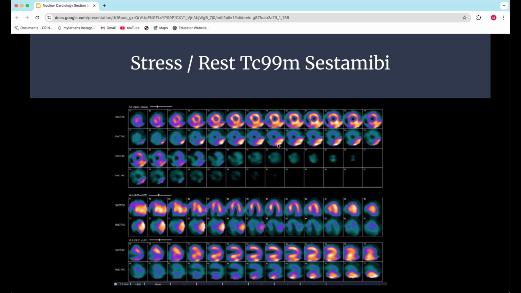This is your gut uptake that everyone talks about. And what this makes it look like, it's obvious because it's gut, but it makes it look like your heart is really underperfused. And what's worse is I really can't see this kind of inferior lateral wall. I can't see it at all. It's kind of non-existent because that gut is so strong.